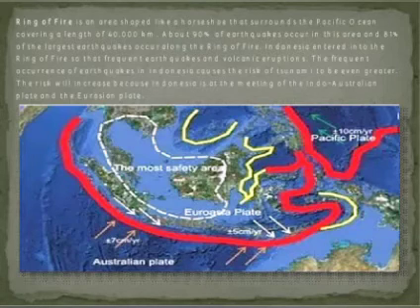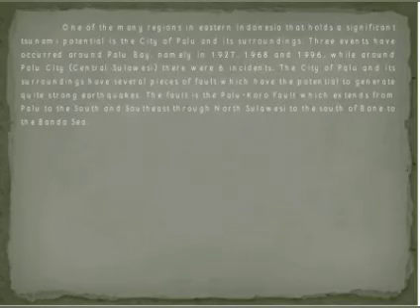The risk increases because Indonesia is at the meeting of the Indonesian Ocean. One of the many regions in Eastern Indonesia that holds significant tsunami potential is the city of Palu and its surroundings.